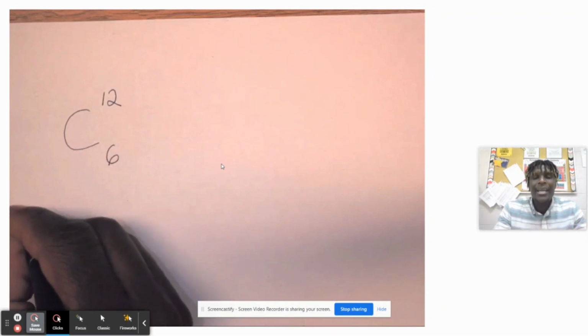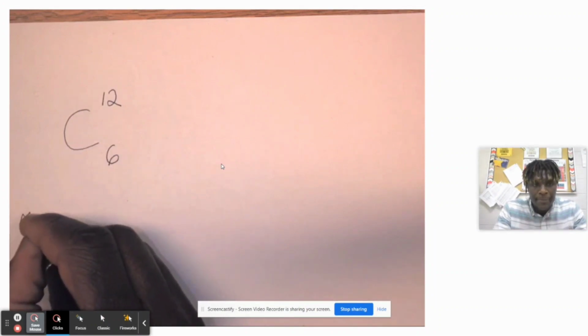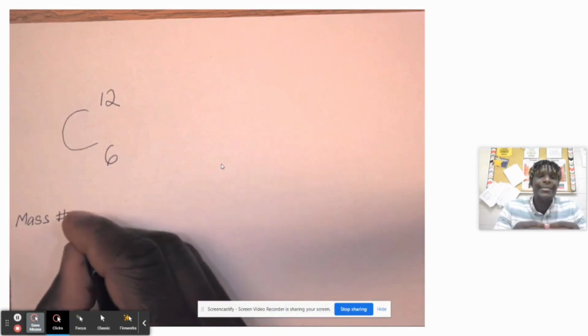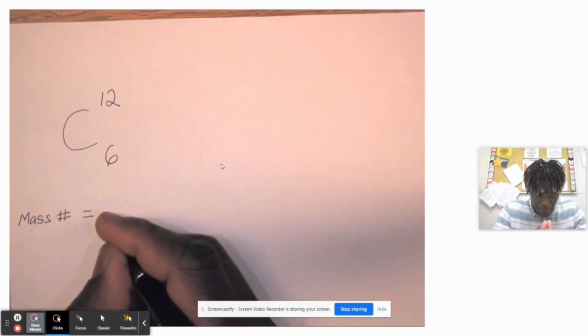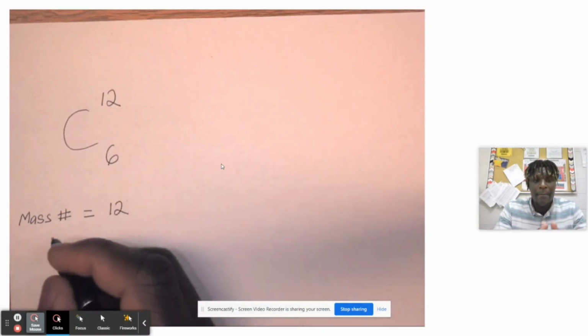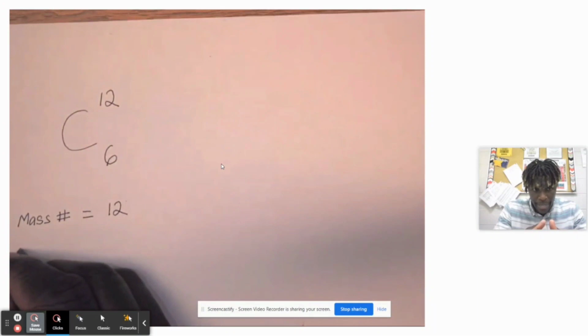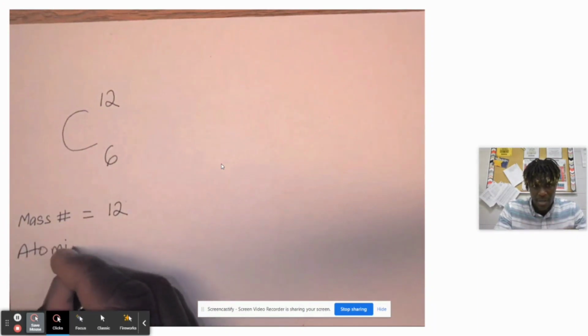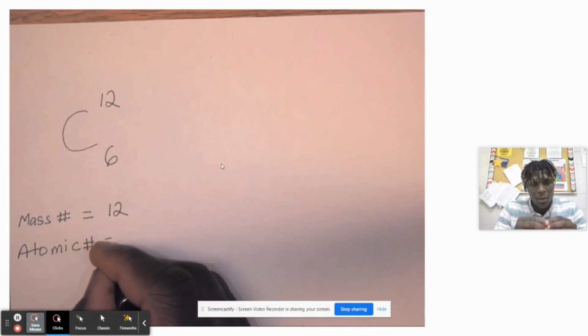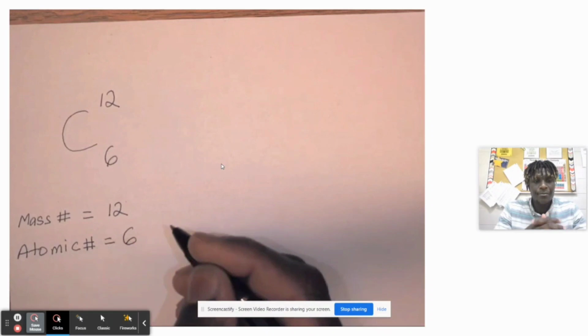The larger number is the mass number, and the smaller number, which is the counting number, is the atomic number. As I said, we can always remember the mass number because it's the larger number, and the atomic number is the smaller number. So that would equal 6.